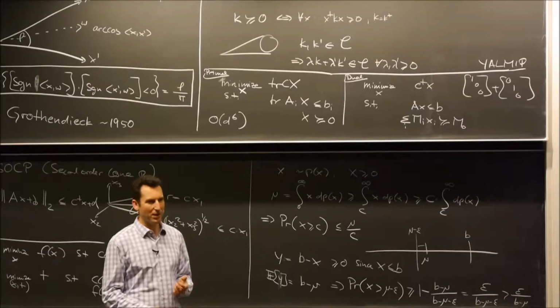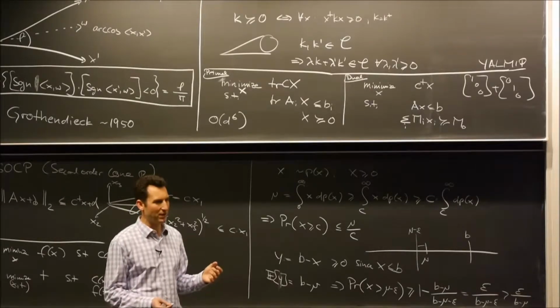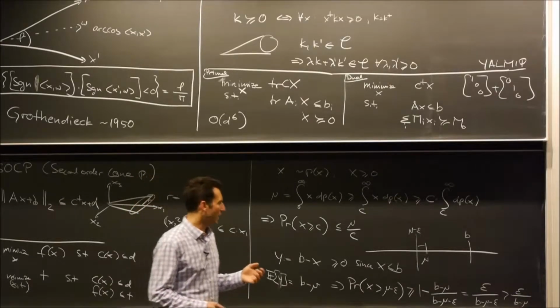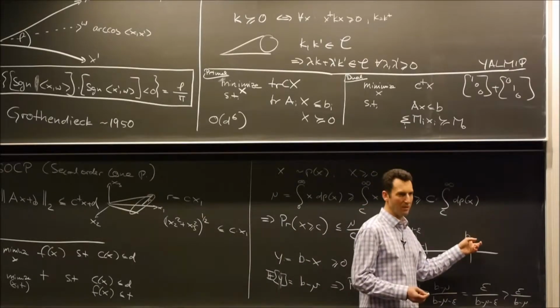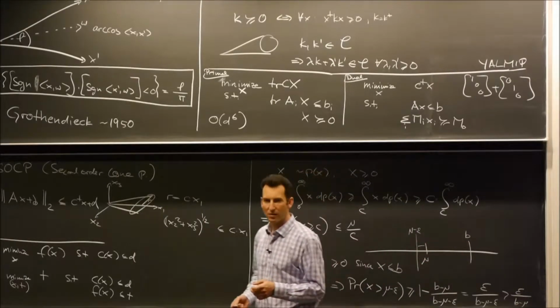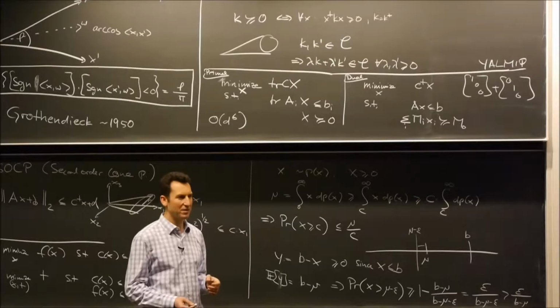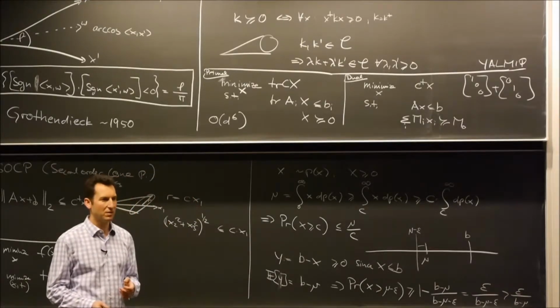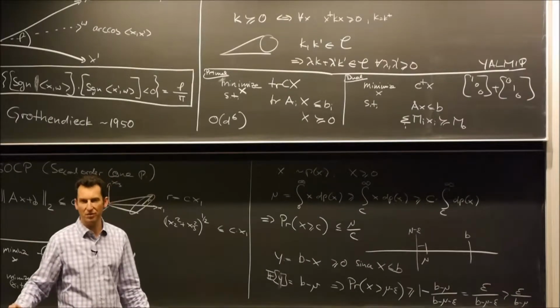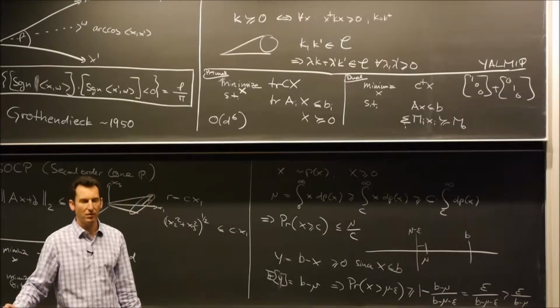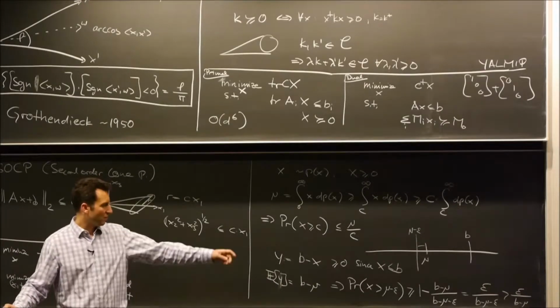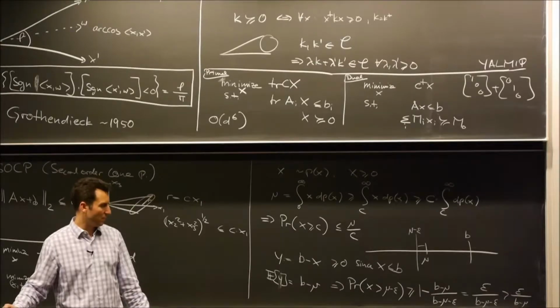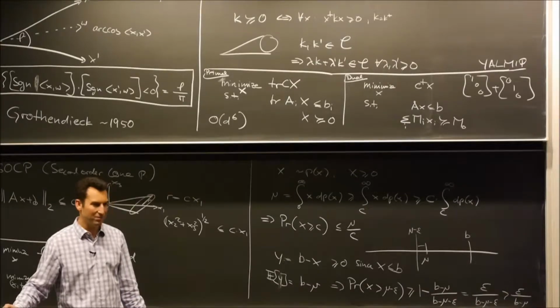By the way, does somebody have a good idea of a counterexample why I need this upper bound b? What could happen otherwise? What happens if b is large? If b is large, then this quantity gets really tiny, right?